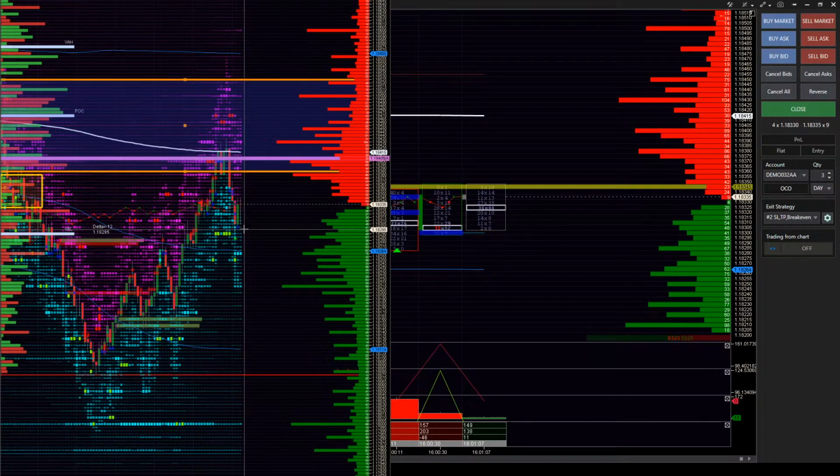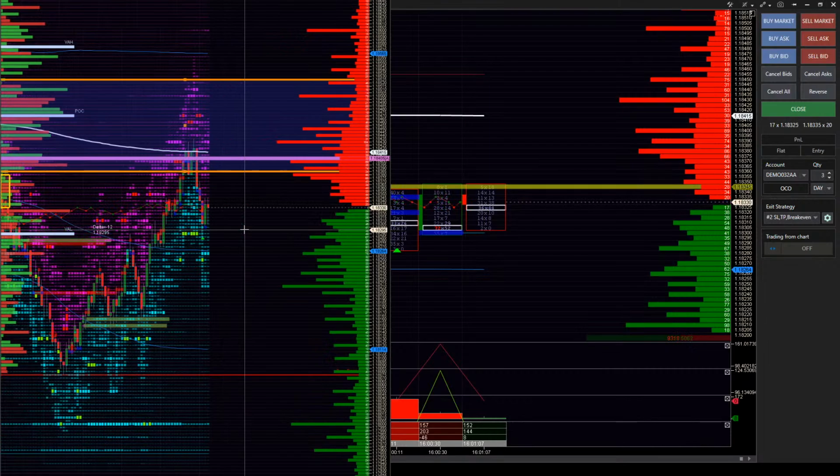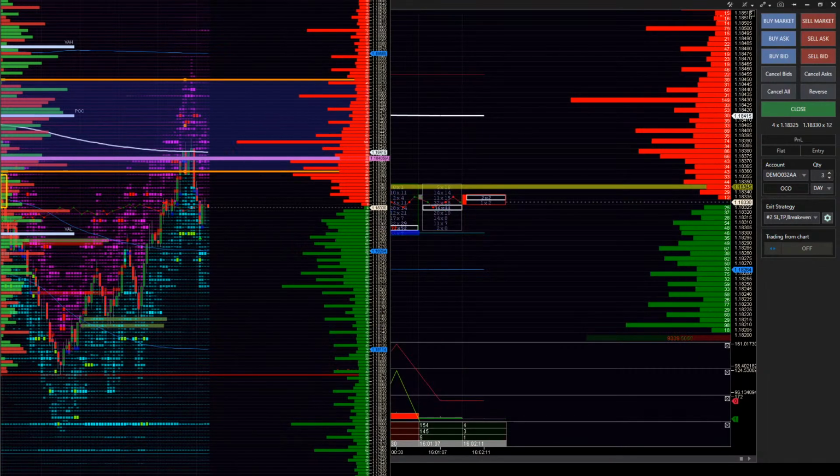So everything went very well. We used as reference, as I told you before, the volume, and we also used as a reference the UFO. Let me just load the chart again so you can see it.